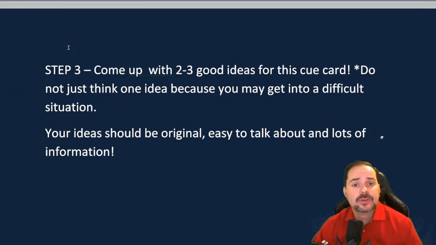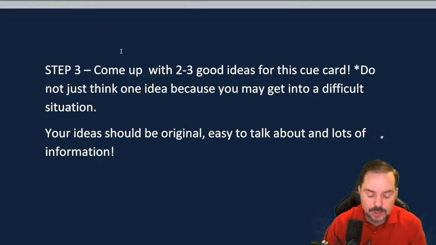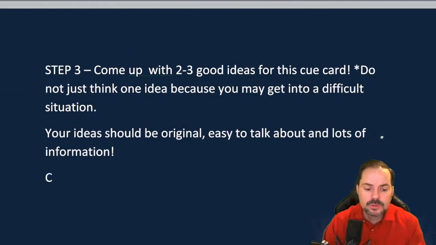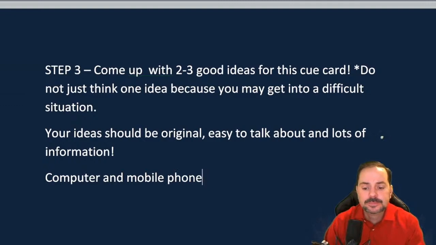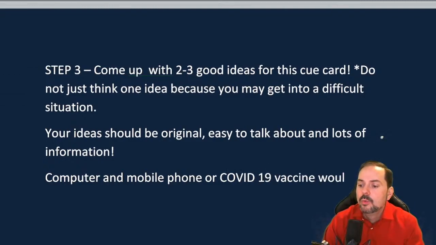So again, the cue card here is talk about an invention. Okay, so computer and mobile phone, and even COVID vaccine would not be good choices.